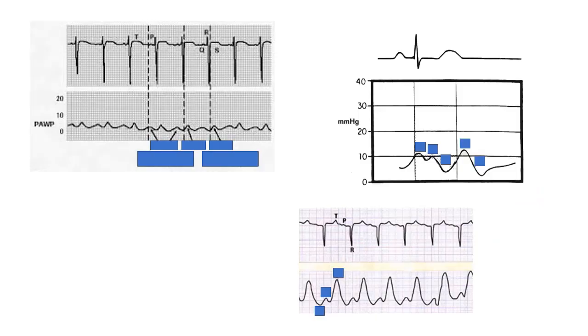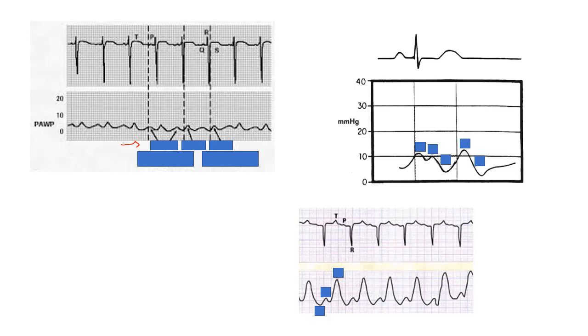All right, so here are some examples of determining which wave is which. If we look at this first box, these two waves here and here, if we look at where the P wave is, we see that this wave starts before the P wave. So if the P wave corresponds to atrial contraction, atrial kick, then this wave cannot be the A wave.